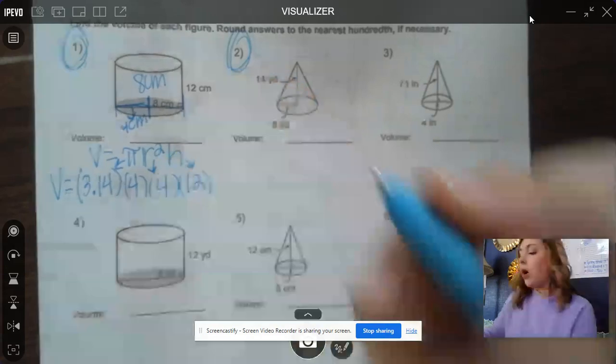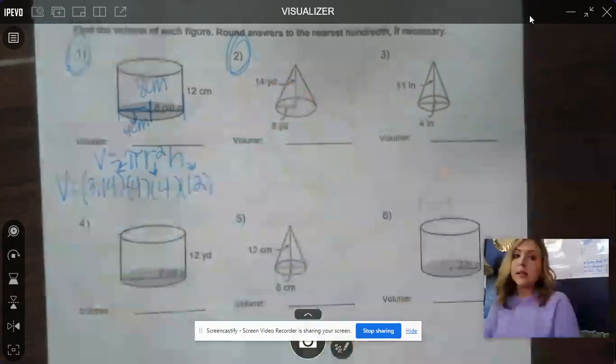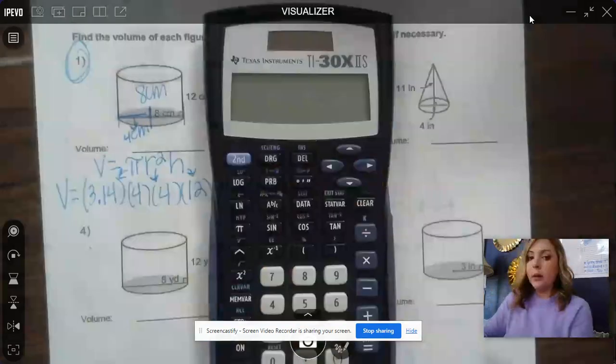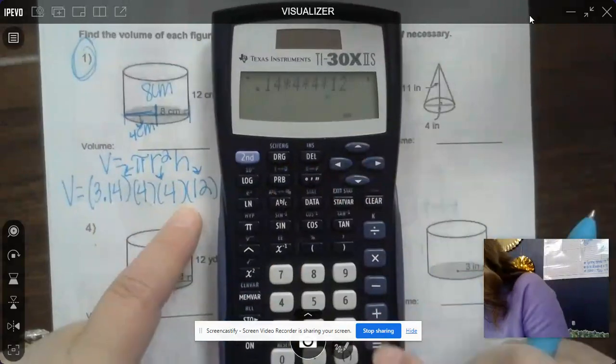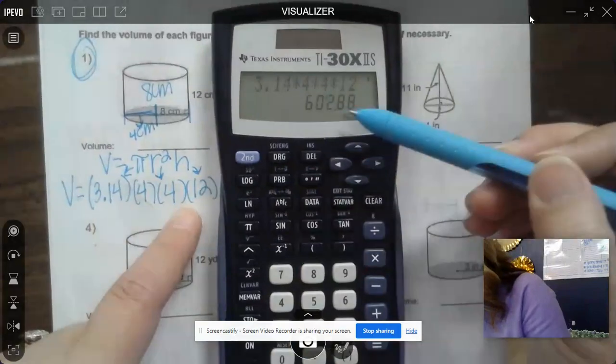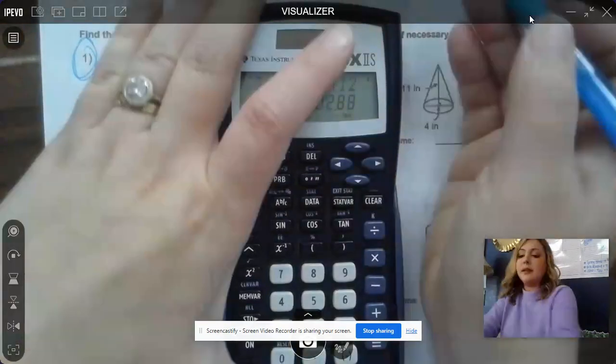All right, so we have all of our pieces. So I'm going to say volume equals. I'm going to my calculator, and I am going to say 3.14 times 4 times 4 times 12 equals 602.88.